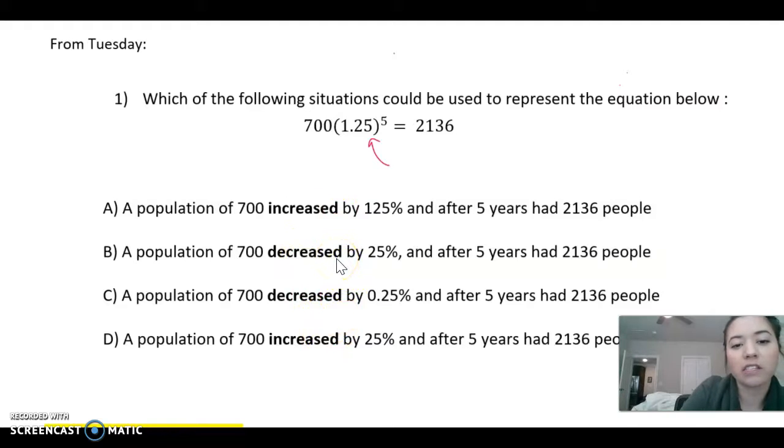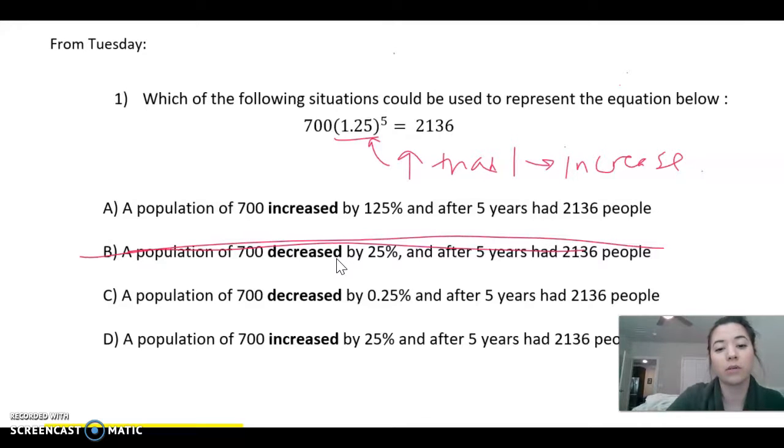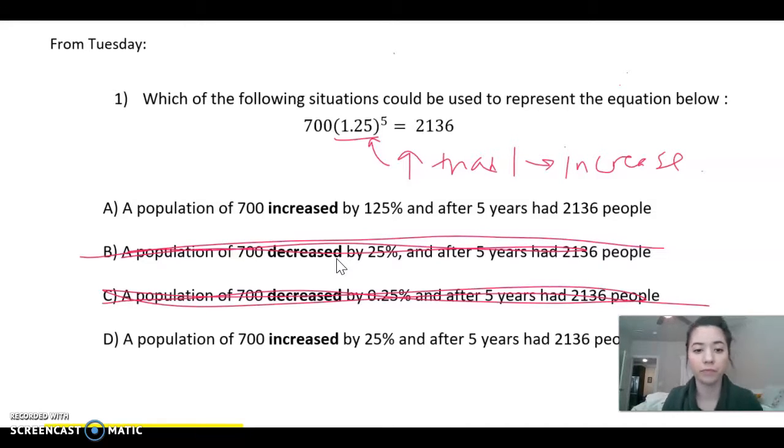So the fact that this number, my multiplier, is bigger than 1 tells me that it's an increase. Again, when our multiplier is greater than 1, our numbers are going to grow. When my numbers are getting smaller, my multiplier is less than 1. So here it's bigger than 1, so it's an increase.